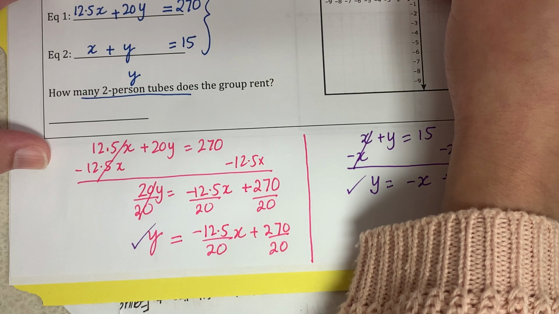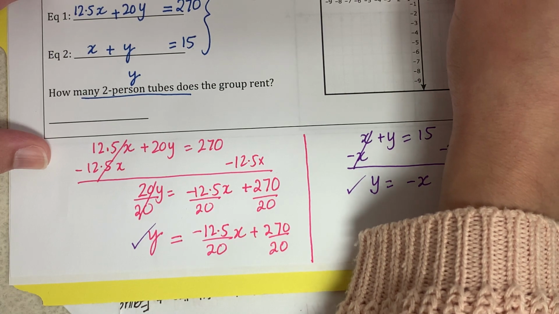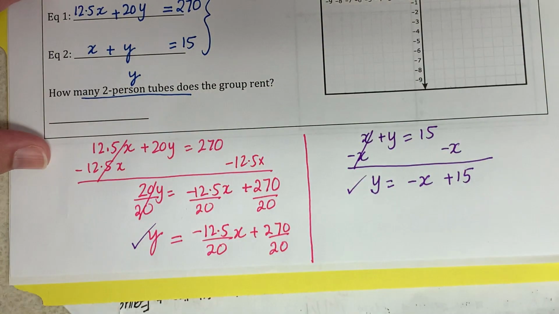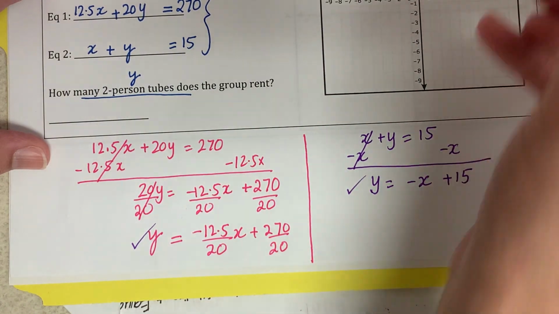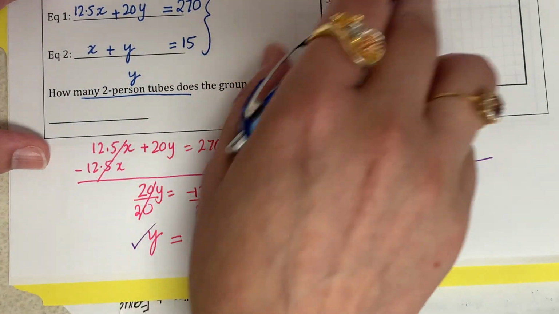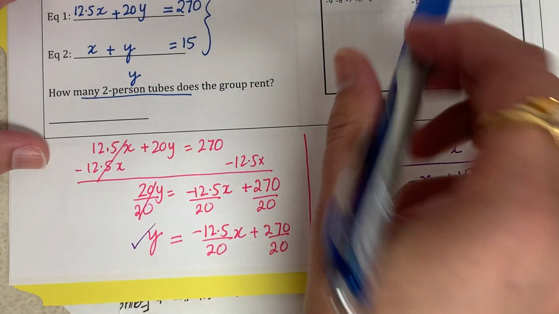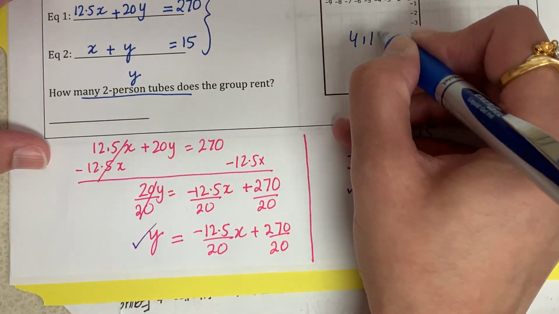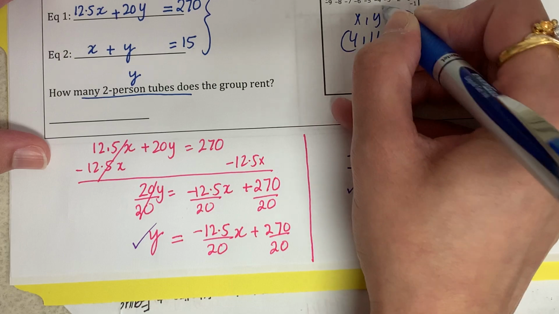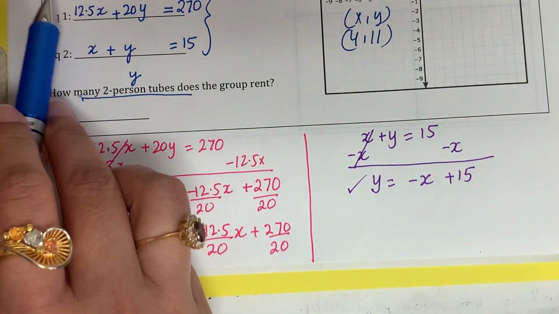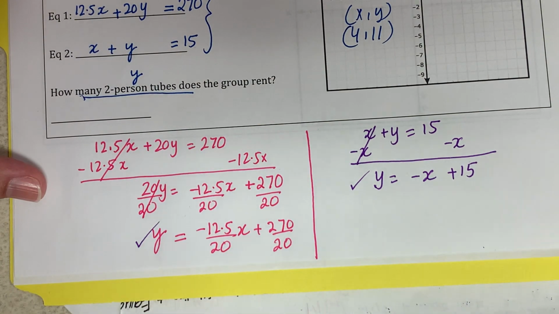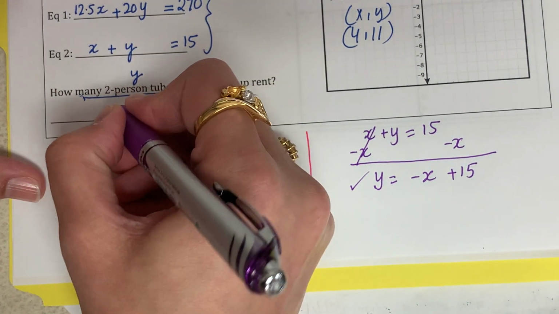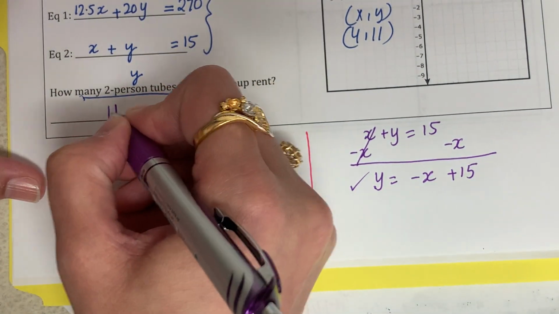So it's somewhere here. That's the point, 4, 11. So my solution is actually here, which I can't draw over here, so you will leave it alone. Now 4, 11 is my answer, x, y. 2-person tube is represented by the variable y. So my answer actually is 11.